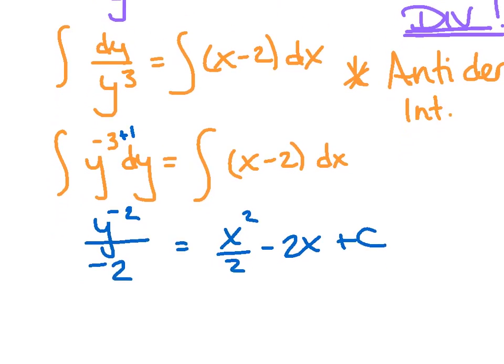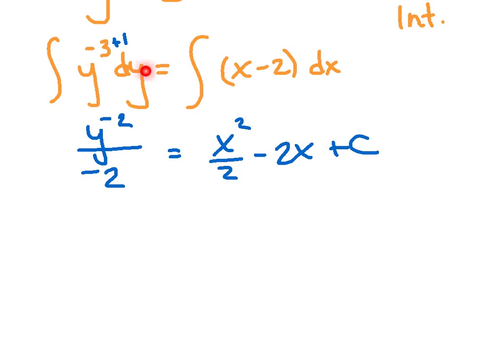And maybe you're asking yourself, why didn't I put a plus c on both sides? That's a great question. Basically, if I put a constant here and a constant here, and I put the constants on one side, I'm still going to get a constant. So it's more formal to just put the plus c on the one side with the x. Make sure you put it with the x.